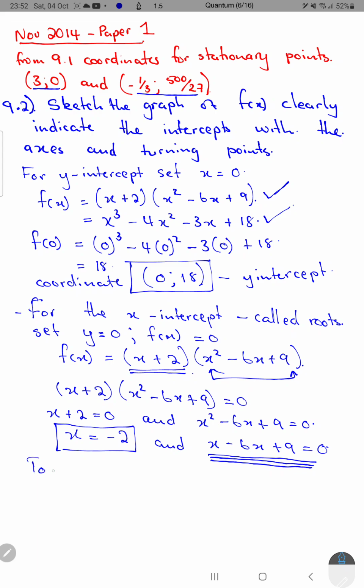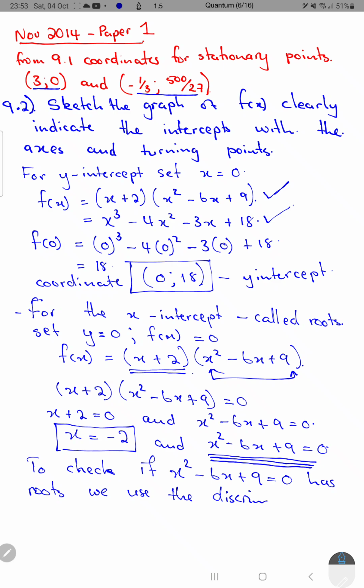To check if my x squared minus 6x plus 9 equals 0 has roots, we use the discriminant, which is called delta.